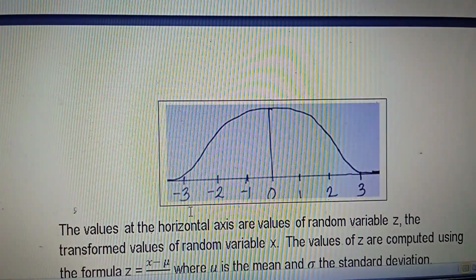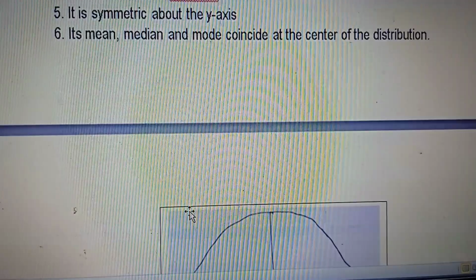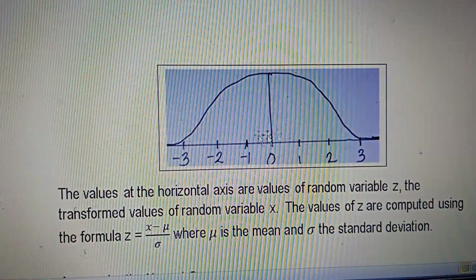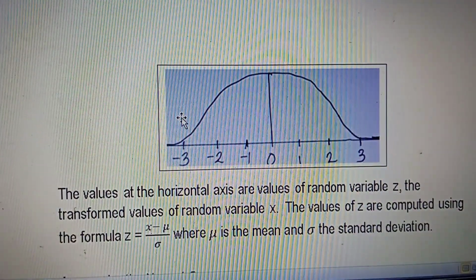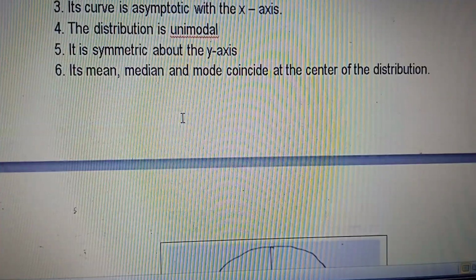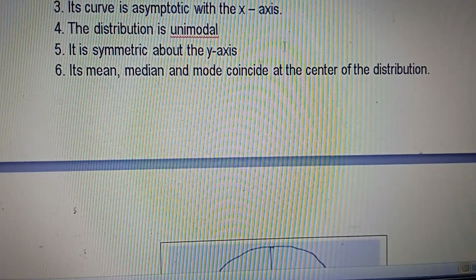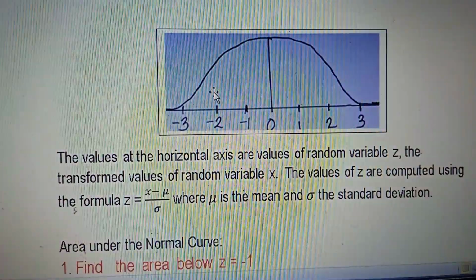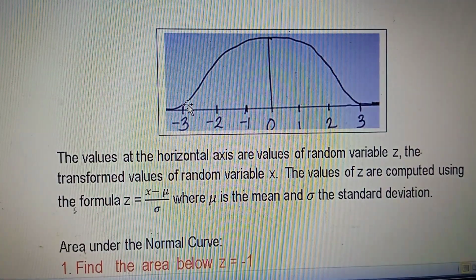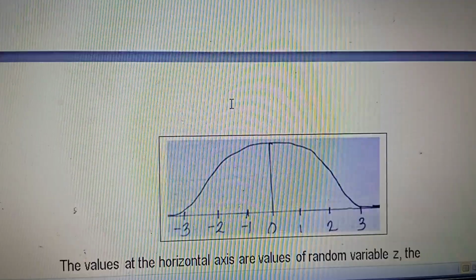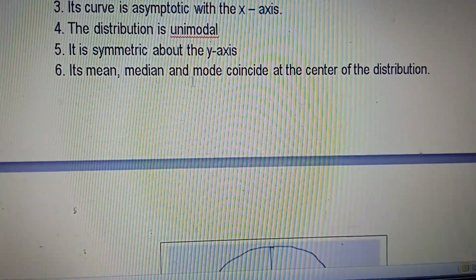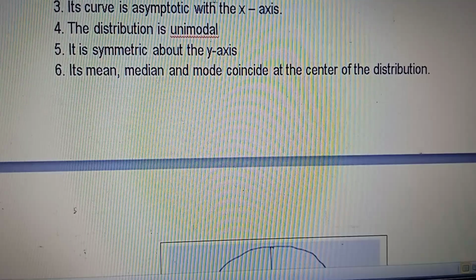Like here, property number 1, the total area under the normal curve is 1, so the area under the normal curve, this region, is 1. Number 2, the curve is bell-shaped.